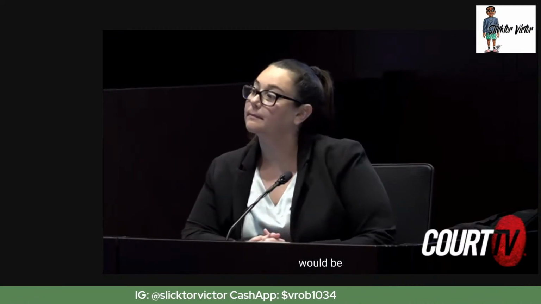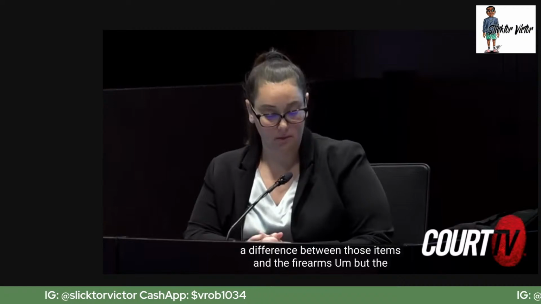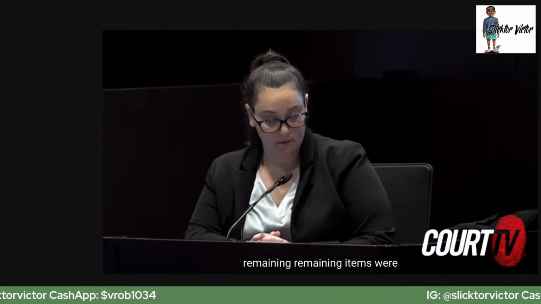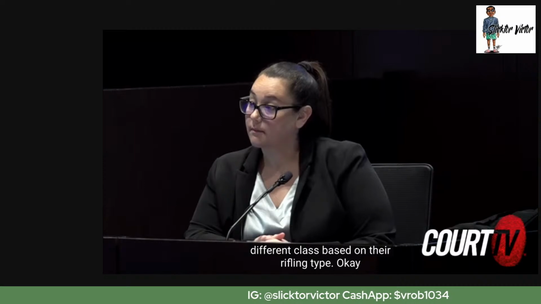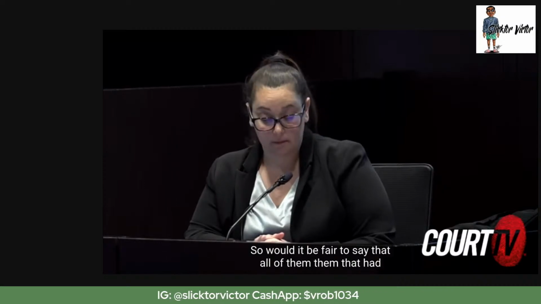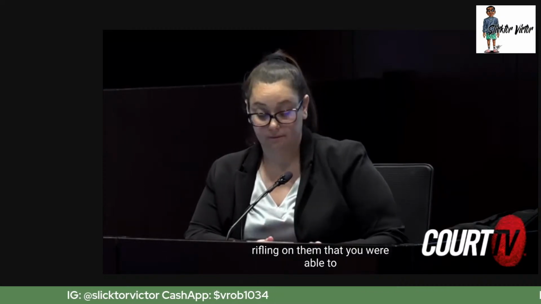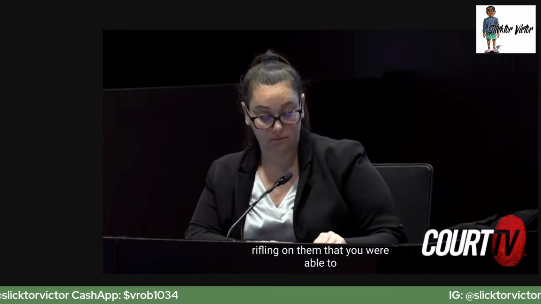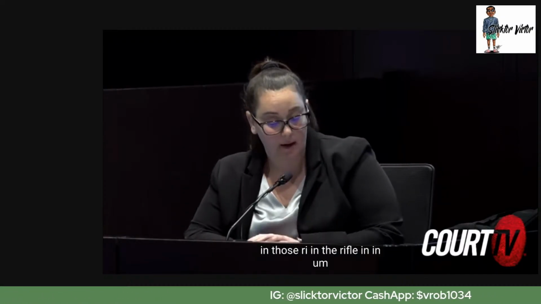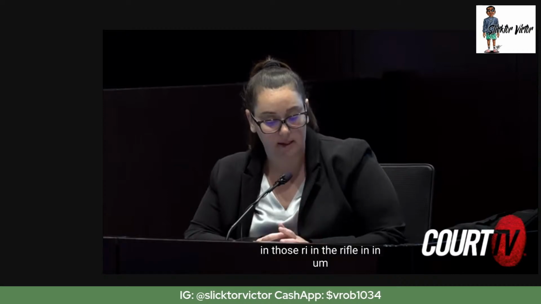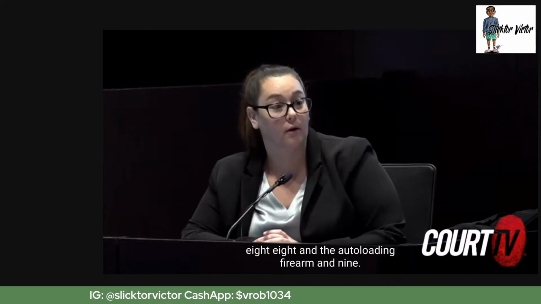Okay. So would it be fair to say that all of them that had rifling on them that you were able to determine rifling type were different than the rifling type in the rifle in 8 and the auto-loading firearm in 9? Yes, all of the items that I determined had value in this instance were eliminated to those two firearms. Okay.